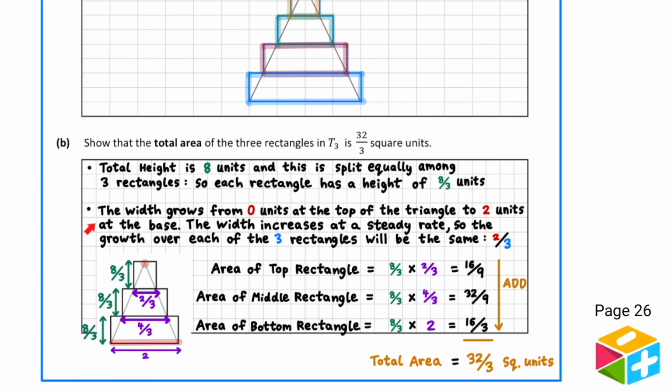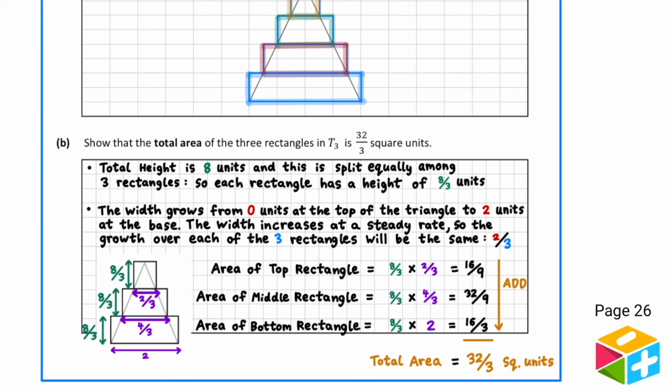Since the sides of the triangle are straight lines, as we move down from top to bottom, the width will be increasing at a steady rate. The total increase in width is 2 units, and this happens over the duration of 3 rectangles. This means that the growth per rectangle will be 2 over 3 units.